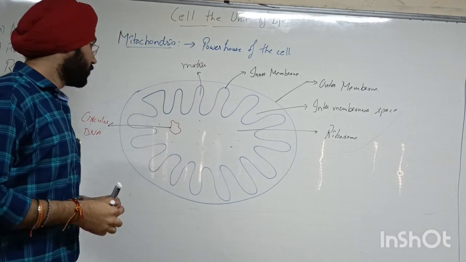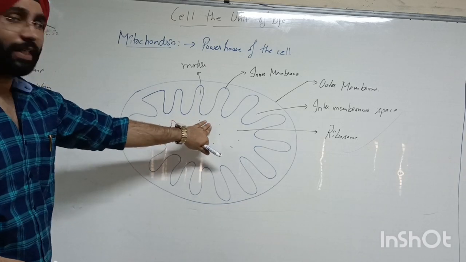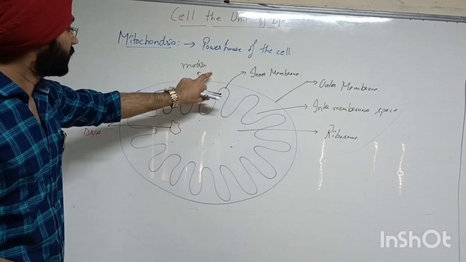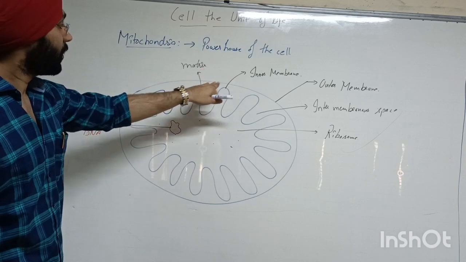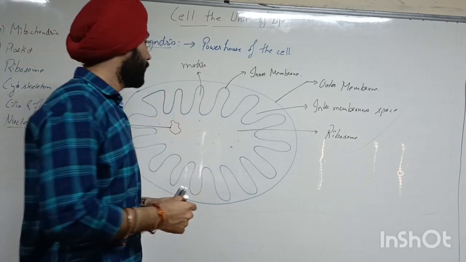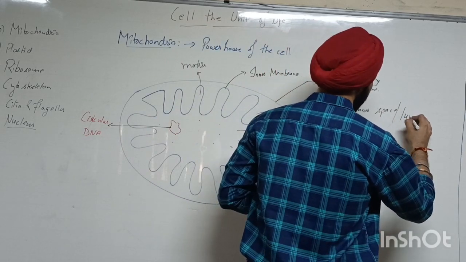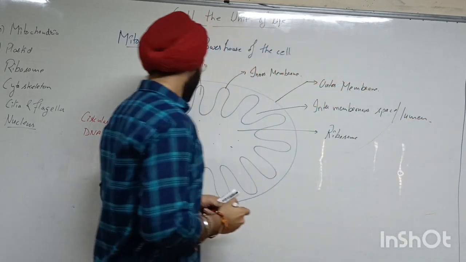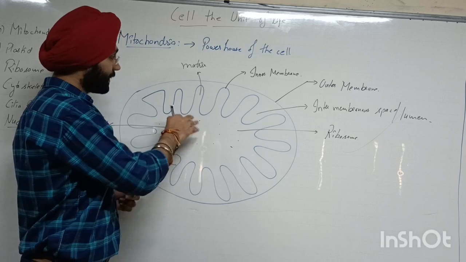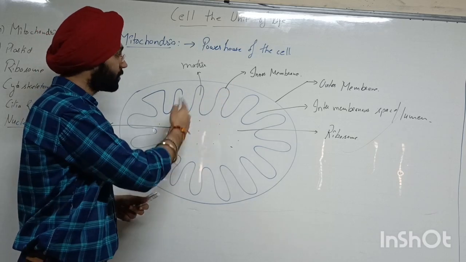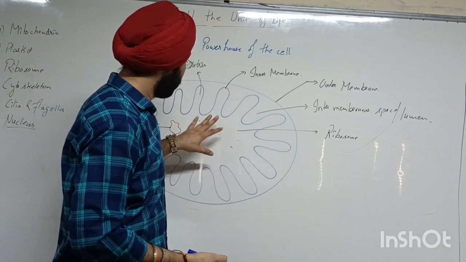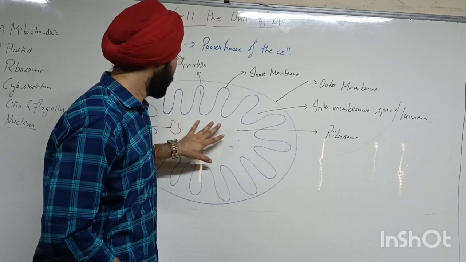So what is the matrix? The space between the inner membrane and the outer membrane is also known as the lumen. And the space which is inside the inner membrane is called the matrix, in which various chemical reactions occur.